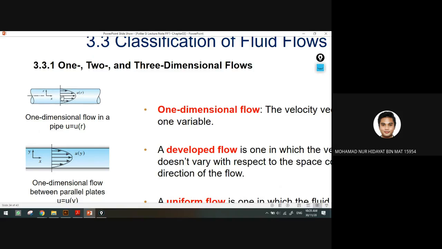Increasing the R will change the velocity vector at the middle here. This is the normal case when we talk about 1D flow in a pipe. Remember the cross-section of the pipe is circular, so we use the radius.